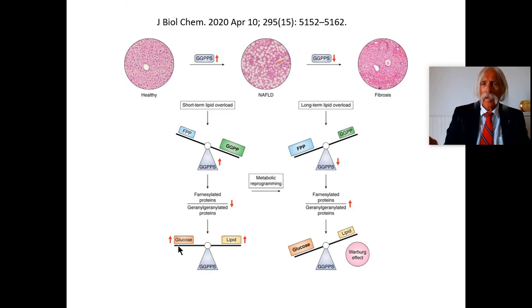Now, as time goes on from the non-alcoholic fatty liver disease to getting fibrosis, leading, as I said, to hepatocellular carcinoma, the opposite occurs. You're going to get a decrease in that enzyme because you get a decrease in the conversion of farnesyl pyrophosphate to geranyl pyrophosphate. Remember, that's the C15 to the C20 prenyl lipid synthesis pathway.